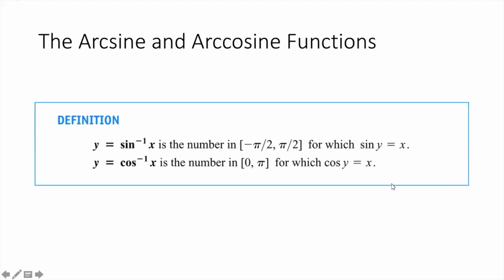Now, I have something in my pre-calculus class that I call the inverse trig function game. And it goes a little bit like this. I ask you, what is an inverse trigonometric function? The answer is an angle, all right? So notice it says y equals inverse sine of x is the number in this interval.